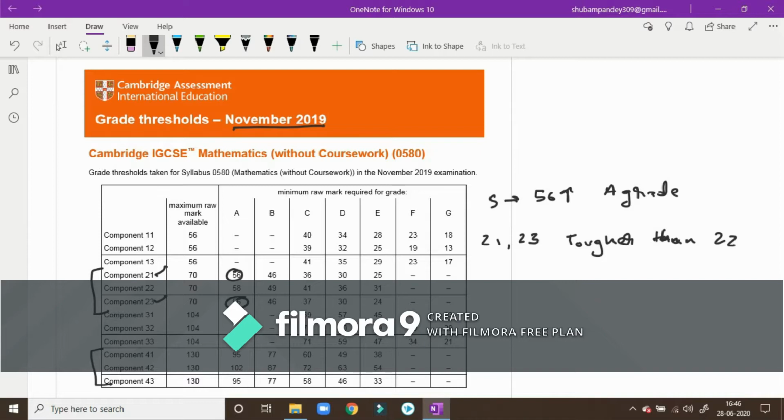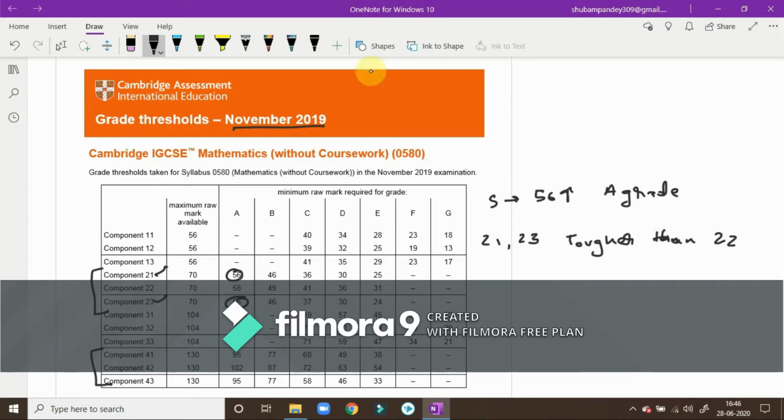You don't want to waste your time solving all three components. So you can open up a GT and see whichever paper has the lowest marks for an A grade, that will be the toughest paper. So here papers 21 and 23 will be tougher than 22.